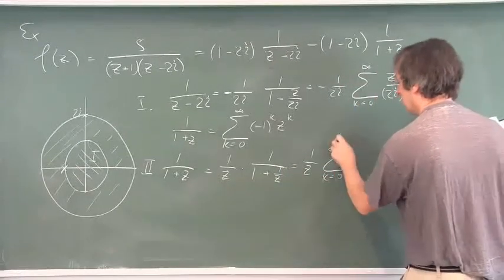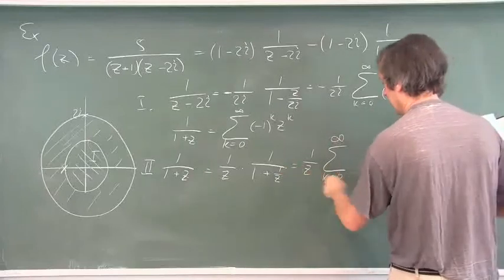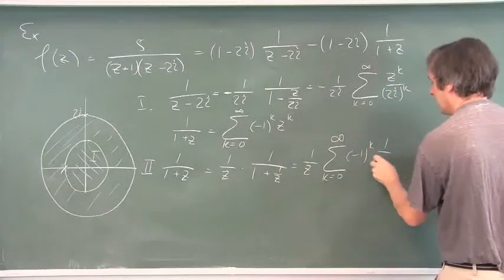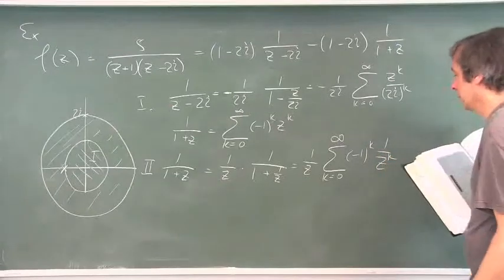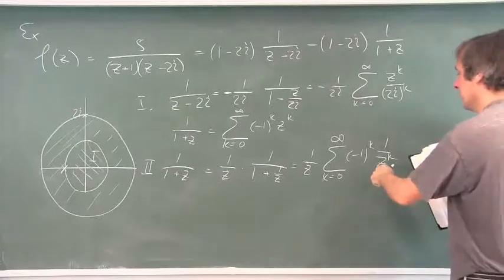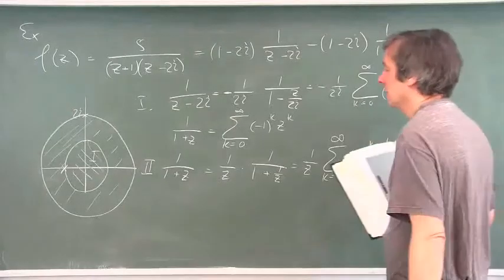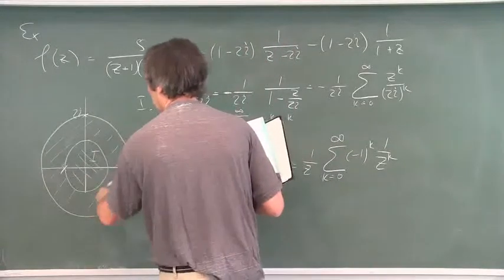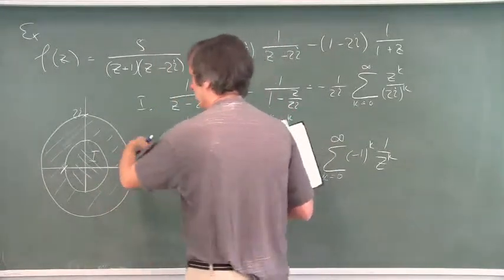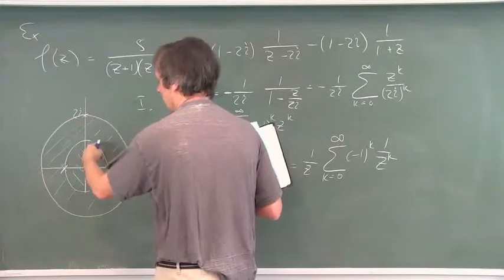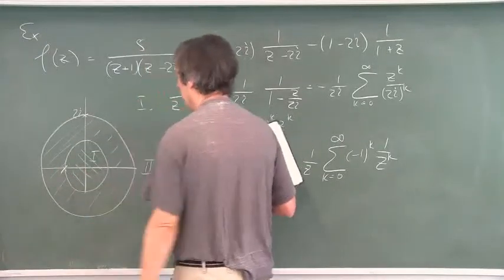So you get the series, in this case, minus 1 to the power k times 1 over z to the k. And this series, you see, will be convergent in here. Actually, it will be convergent in the whole complex plane outside the unit circle.